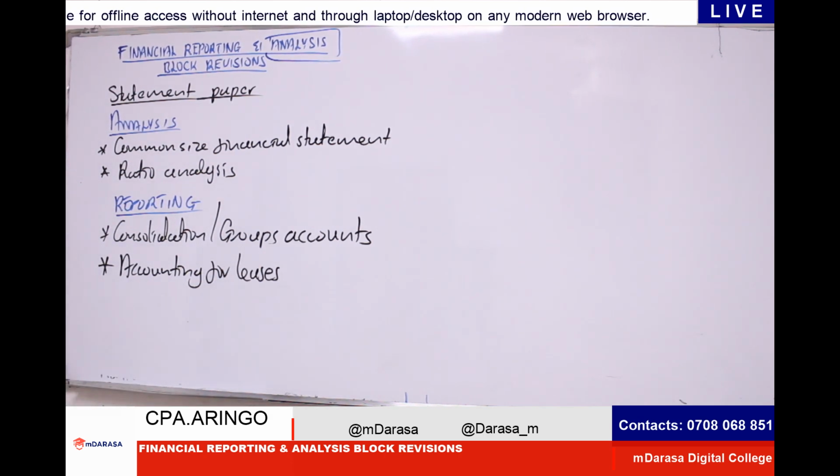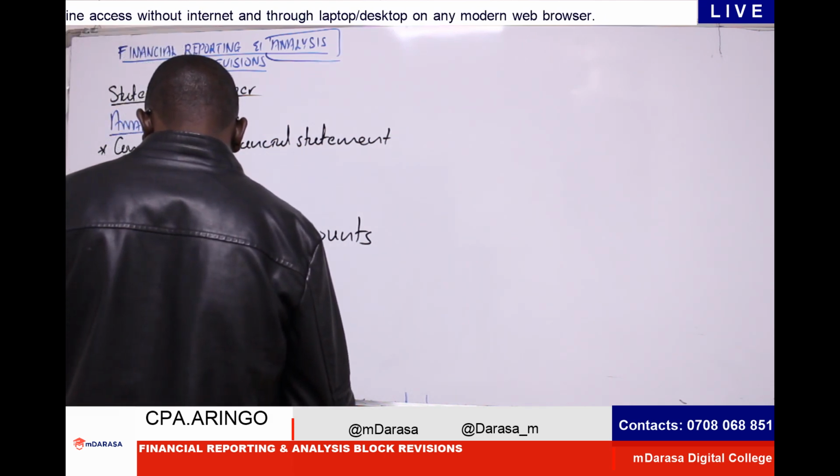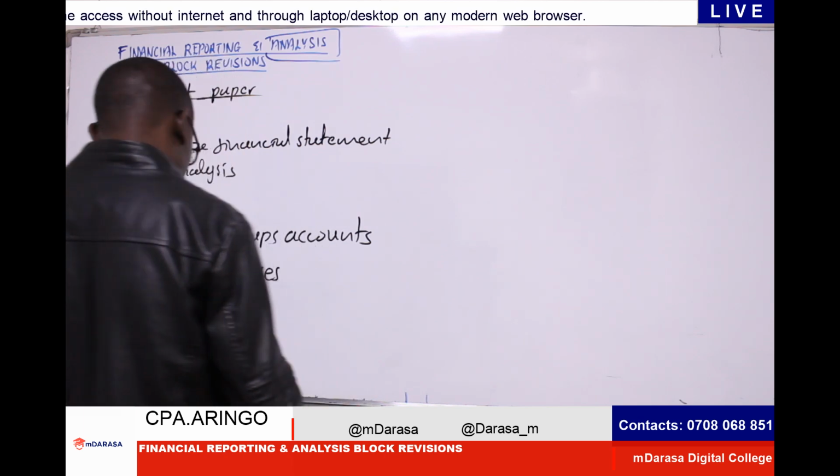And we normally consider as well the aspect of deferred tax. So talk about accounting for leases, or simply we have this key area which you're referring to as, of course, deferred taxes.